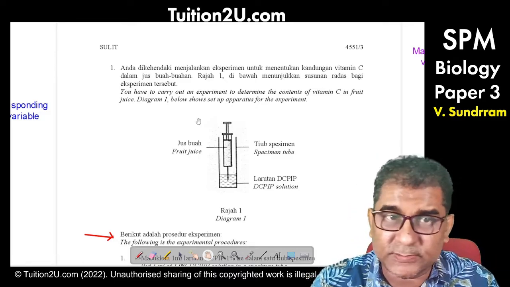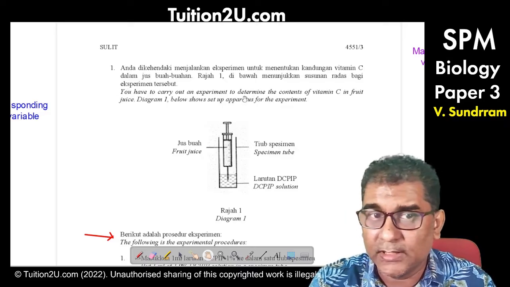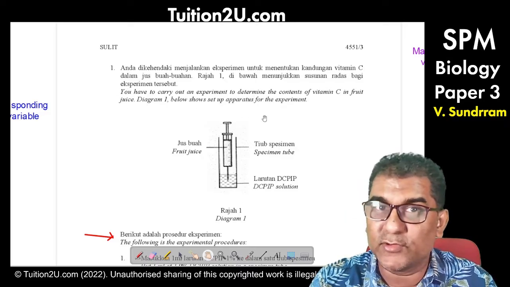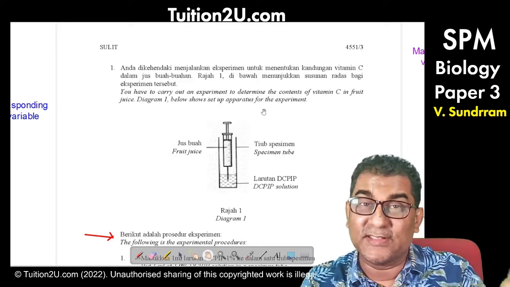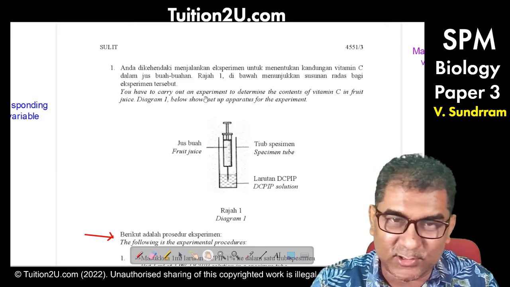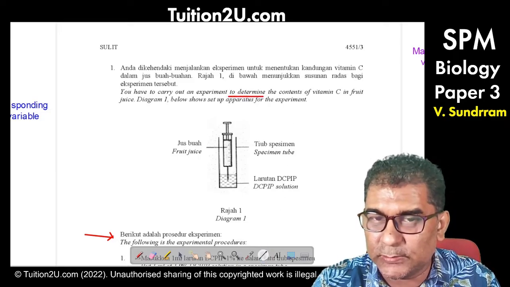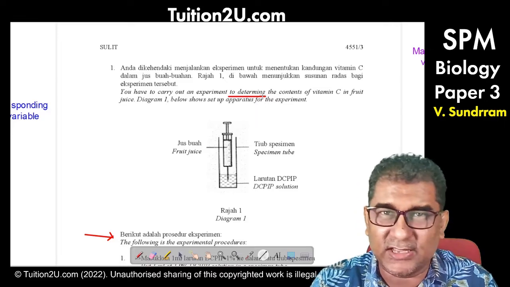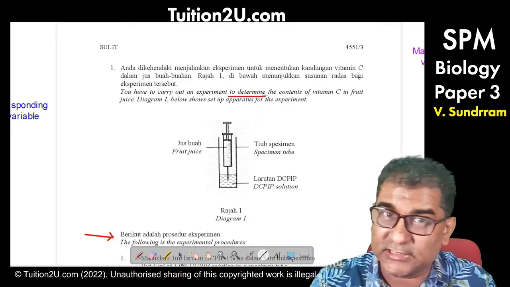So if you read the first paragraph here, you have to carry out an experiment. Instead of instructing "please carry out", it says you have to carry out. Okay, so you have to carry out an experiment to determine. So the moment you see the words to determine, to investigate, to experiment, that is the beginning of the main explanation.